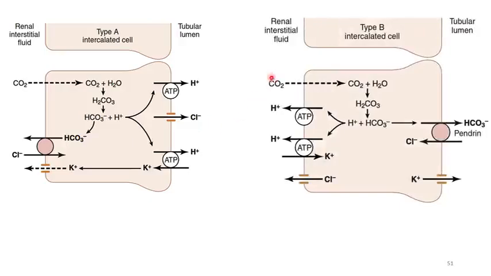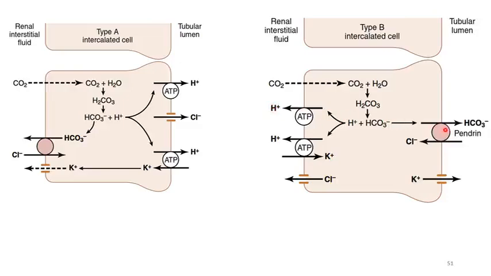But there's another type of intercalated cell known as type B intercalated cells that mainly secrete bicarbonate into the tubular fluid and pair it with reabsorption of hydrogen ion.